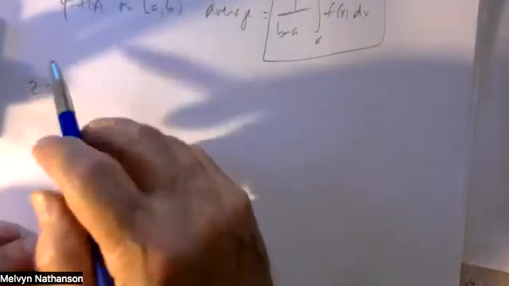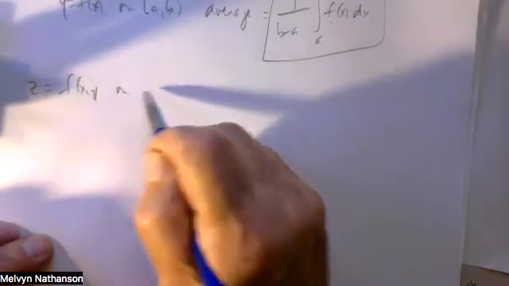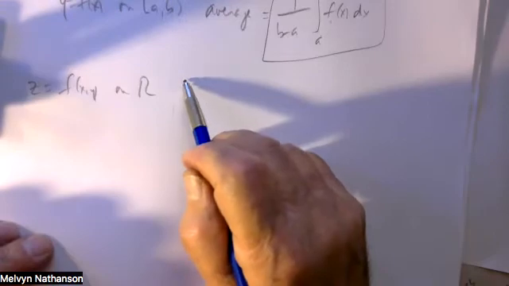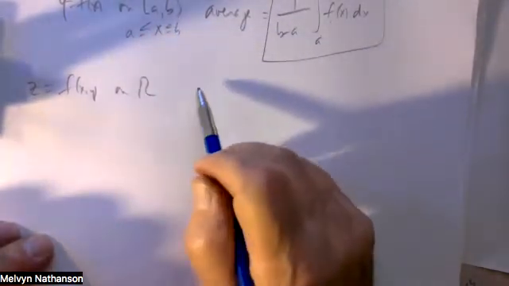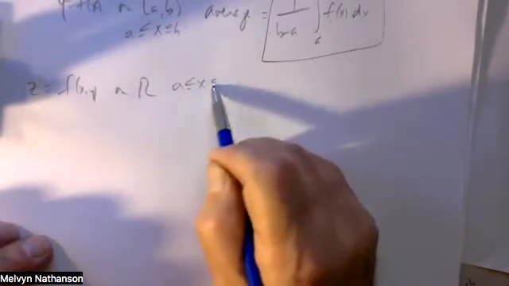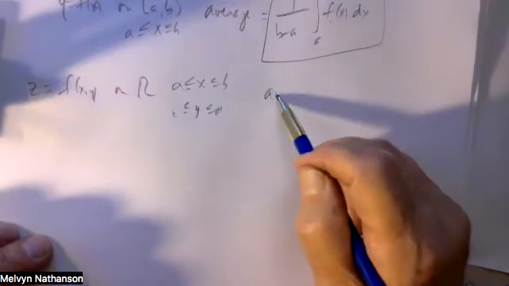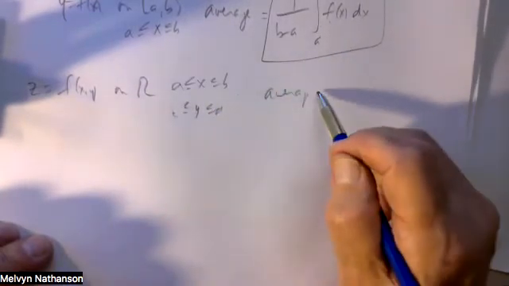If we have z equal to a function f of x, y on a rectangle R, let's say x between a and b, y between c and d, we want to say the average value of this function f on the rectangle.